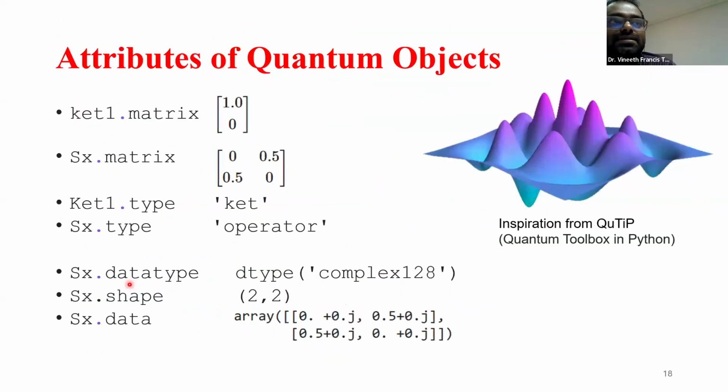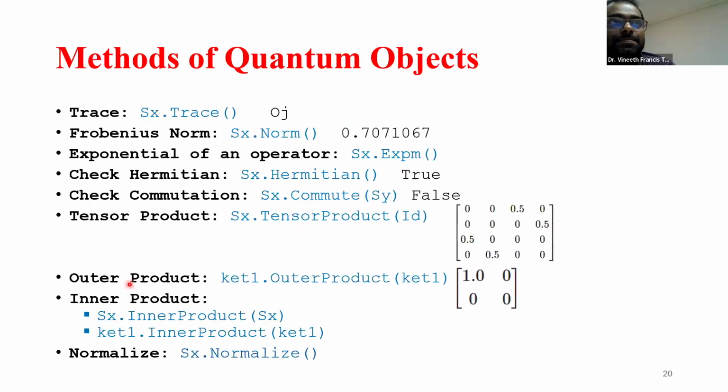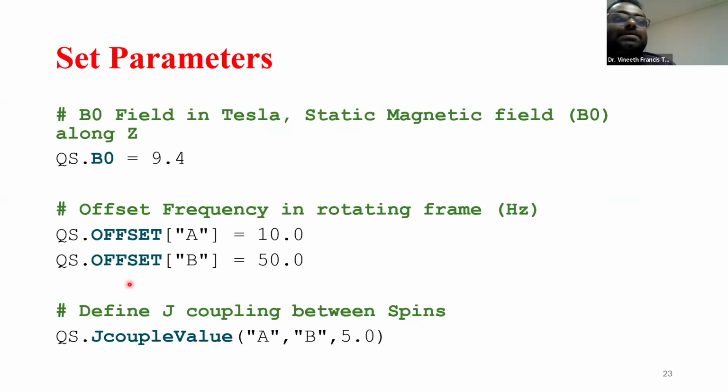So when we define the parameters here, it knows what the field is and what the frequencies are. To get the frequencies of each spin, it will combine these two pieces of information and compute the exact lab frequencies, which the functions know internally.